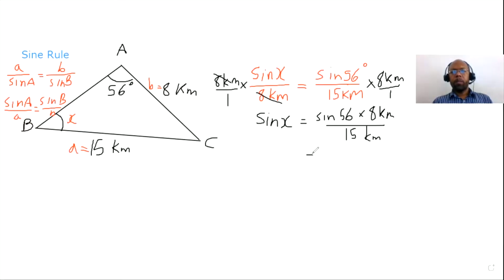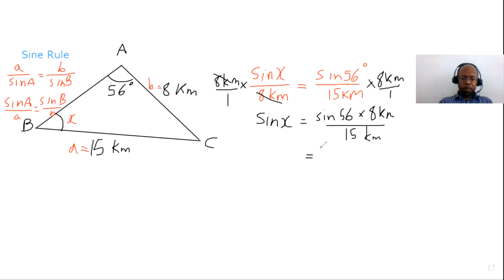Okay, so now our task, guys, is to find out what sine of 56 is. So get out your calculators if you don't have them out already. Some of you can just type in 56 and hit sine and get the answer. If you have a programmable calculator, you need to hit the sine button first, type in 56 and press enter. What do you get?